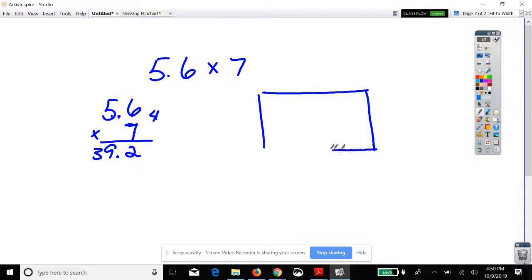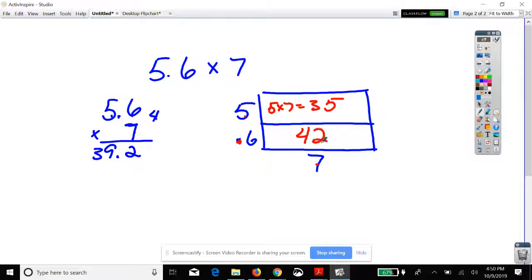I can do my area model again. Okay? If this is 5 and this is my 0.6 and this is my 7, then I can multiply straight out. So 5 times 7 is 35. And then 0.6 times 7, 6 times 7 is 42, and I got my decimal points.